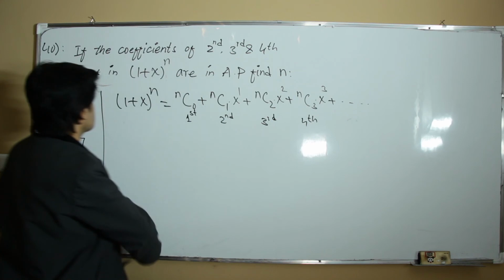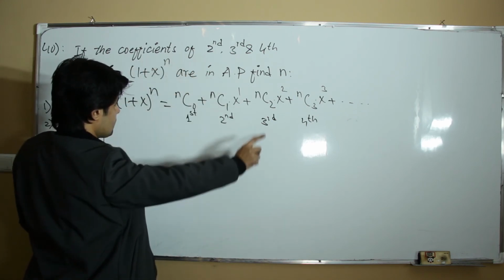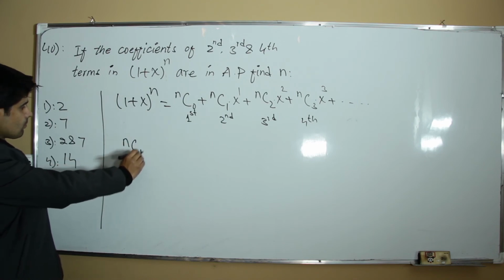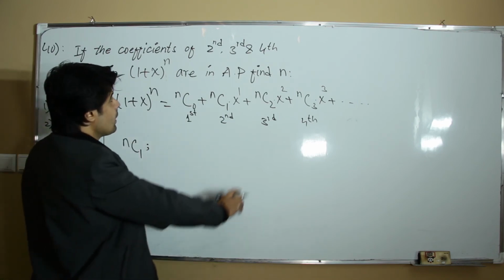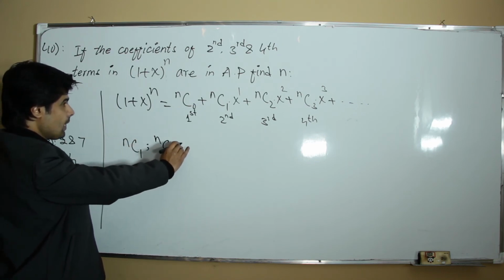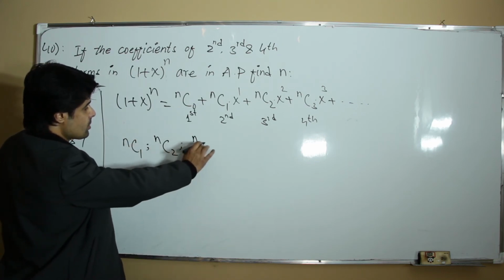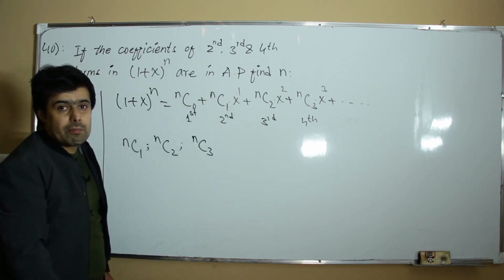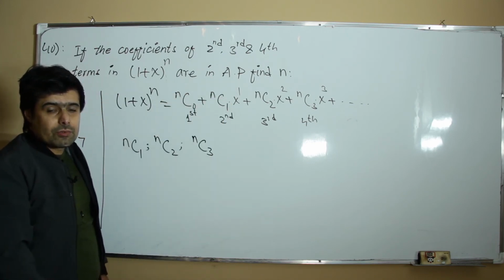The question is the coefficient of the second term. What's the coefficient of second term? nc1, third term nc2, and fourth one nc3. They are in AP, arithmetic progression. What's the condition for the arithmetic progression?